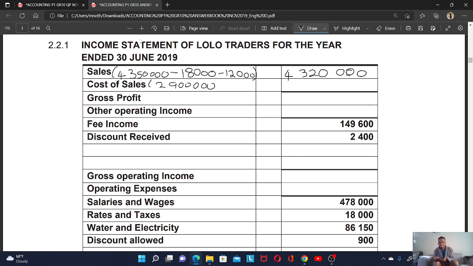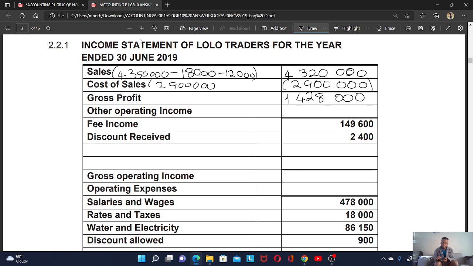And then nothing was affecting your cost of sales, it is 2,900,000. So this minus this is going to be 1,428,000.